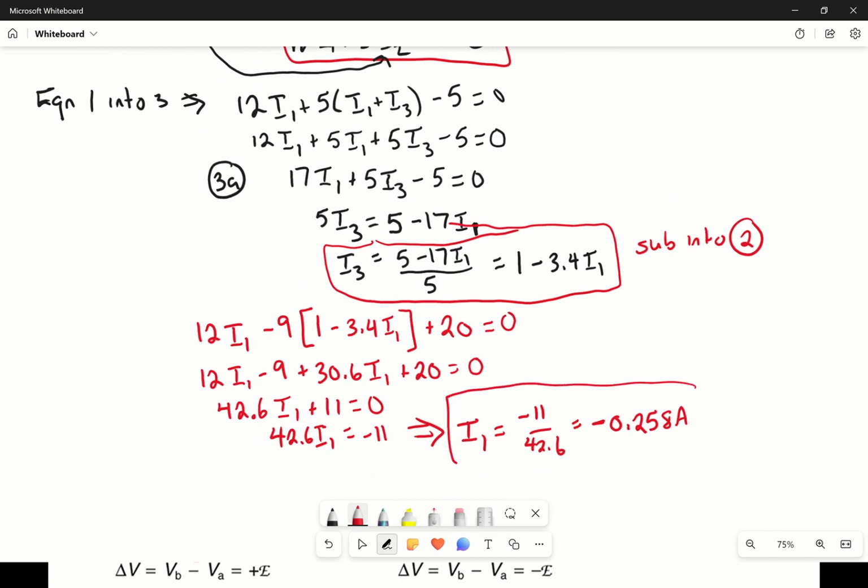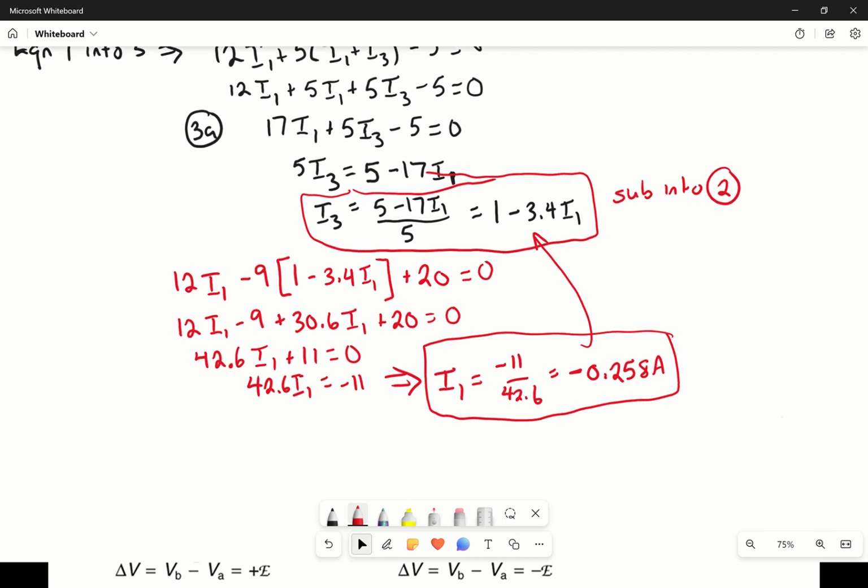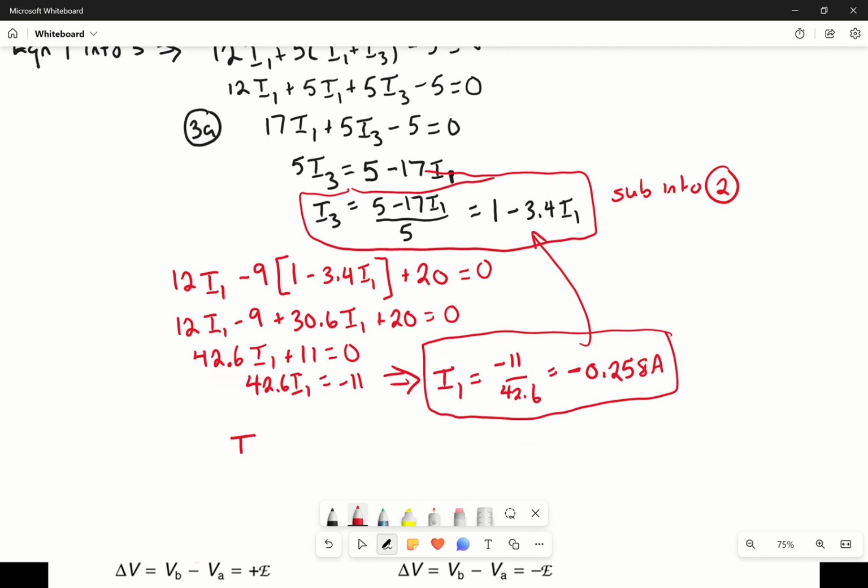I1. So now I can take that number for I1 and I can put it back in to the equation for I3 in terms of I1, and that'll give me a number for I3. So I know that I3 is equal to 1 minus 3.4 I1. So I'm just going to put in what my I1 number is. And I need to make sure I put in that negative sign or I'll get the wrong answer. I get I3 is 1.88 amps.